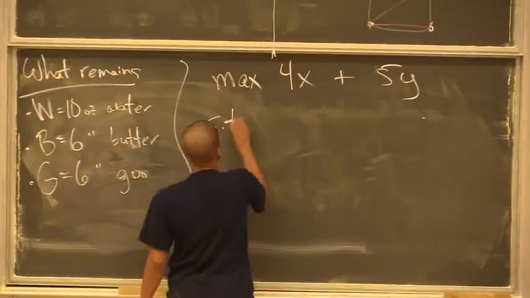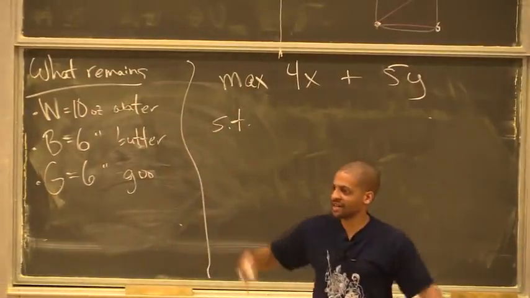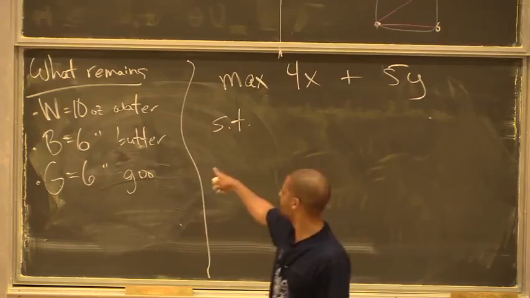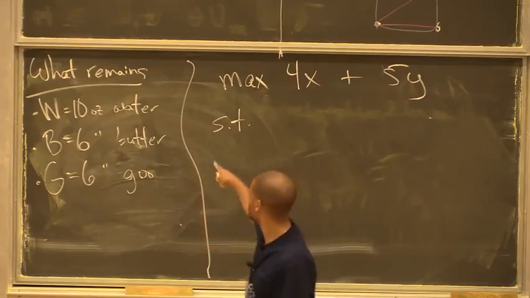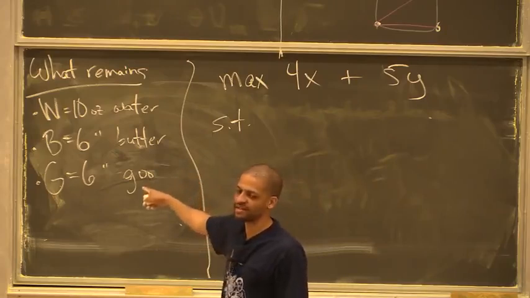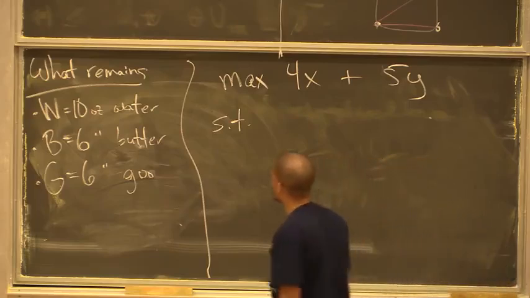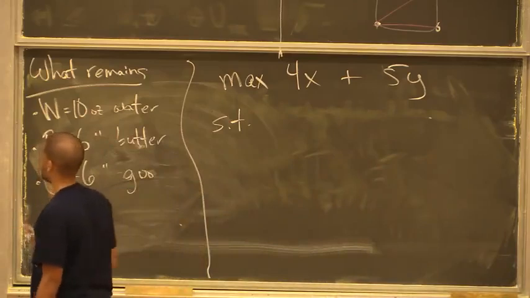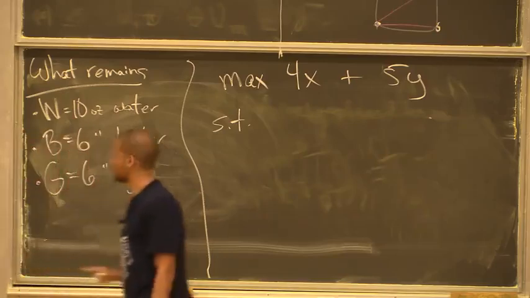So what are the constraints? Well, of course, if I'm trying to maximize my money, I'll just make infinite foo and infinite bar. Well, I can't because I only have 10 ounces of water, et cetera. So I can't make more than what I can afford to make given what I have remaining in my storage. Okay? For every ounce of foo I manufacture, I use up 2 ounces of water.